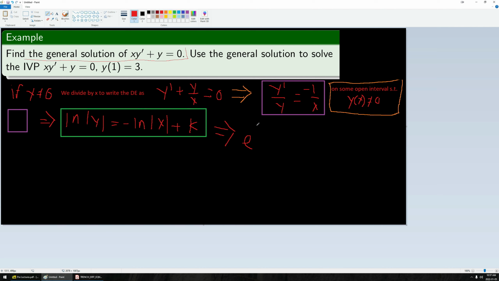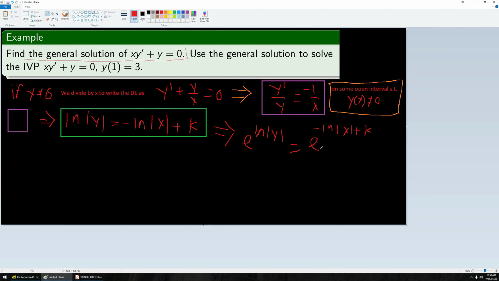Well, e to the ln of the absolute value of y is simply going to be equal to e to the negative ln of absolute value of x plus k.